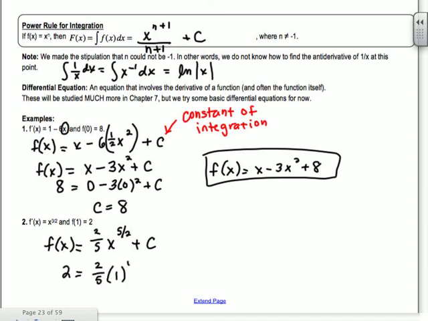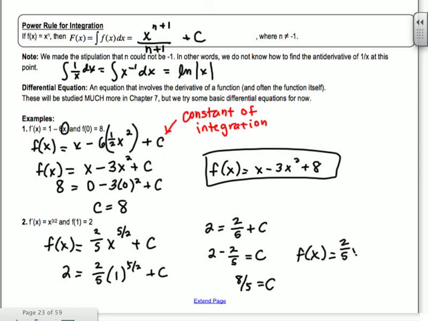So that ends up being 2/5. So I get 2 equals 2/5 plus c. So I have 2 minus 2 over 5 equals c. So 2 is 10/5 minus 2/5. Yep, so 8/5. So your final function then is f of x equals 2/5 x to the 5 over 2 plus 8/5. So that's the function that satisfies that point, and it has that derivative.